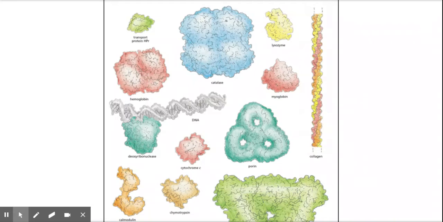Tertiary structures comprise alpha helices, beta sheets, and other types of loops to form a three-dimensional structure in which extensive folding occurs. Quaternary structure forms when two or more polypeptide chains interact to become a full protein.